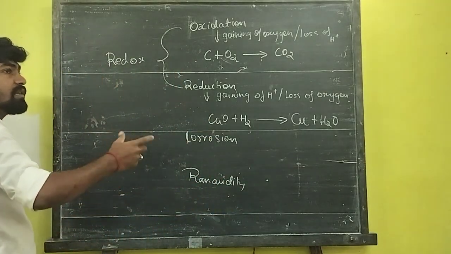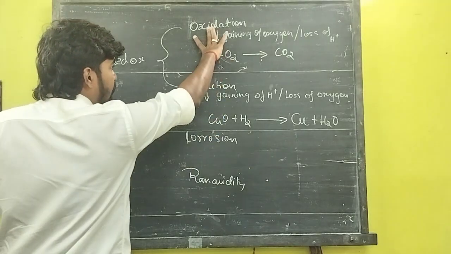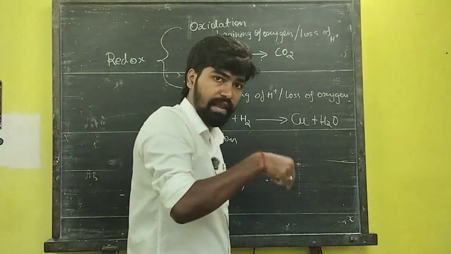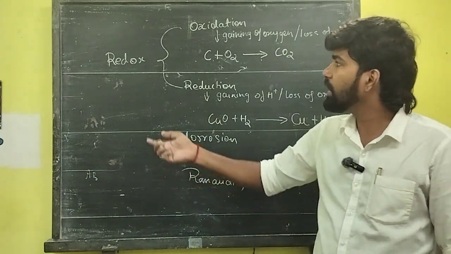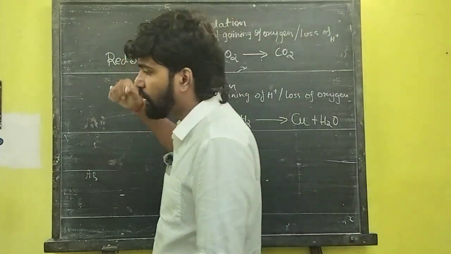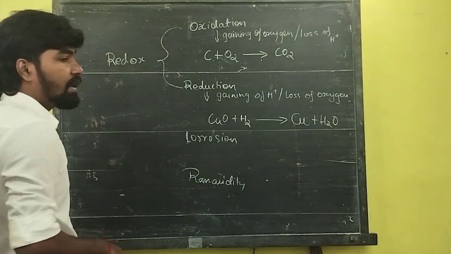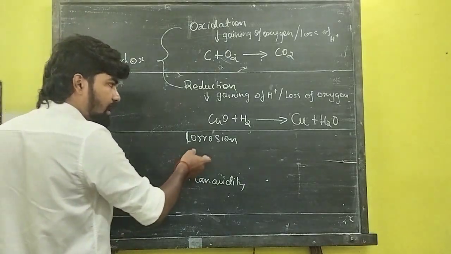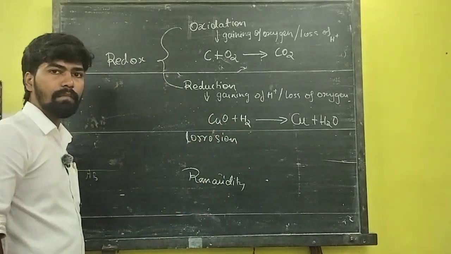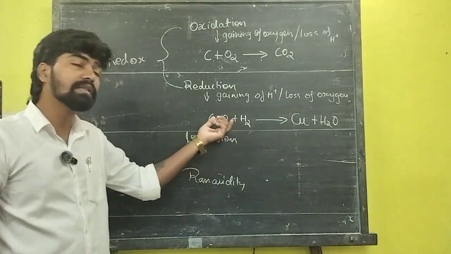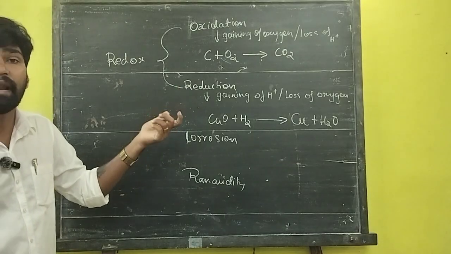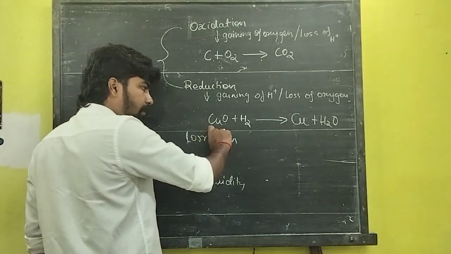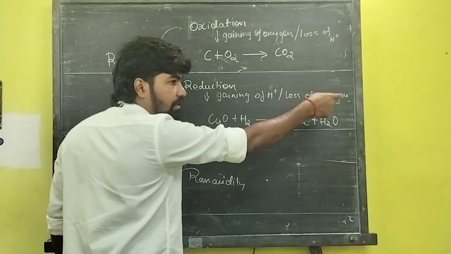Simultaneously means together. If oxidation and reduction are happening together in a reaction, what do we call it? A redox reaction. The example is given here. This can also be considered a redox reaction. Why? Because see, copper has lost oxygen.